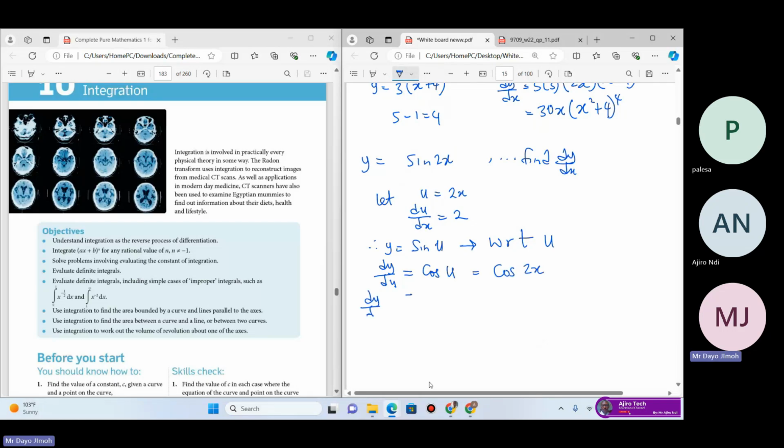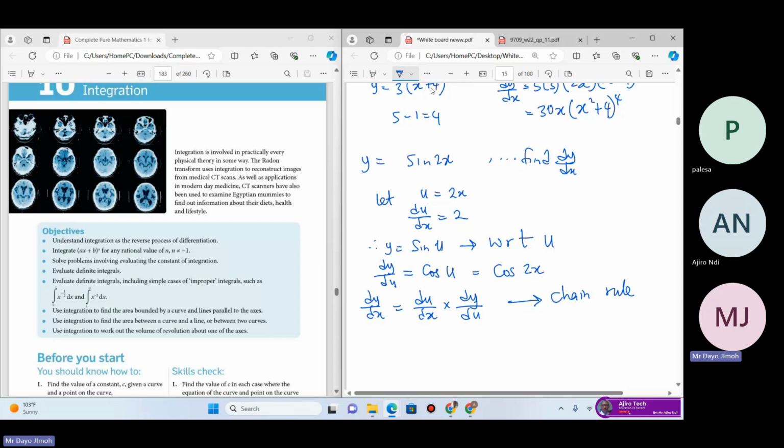So dy/dx is equal to du/dx times dy/du. Do you agree with this formula? Have you seen it before? What's this formula called? Chain rule. This is called chain rule.